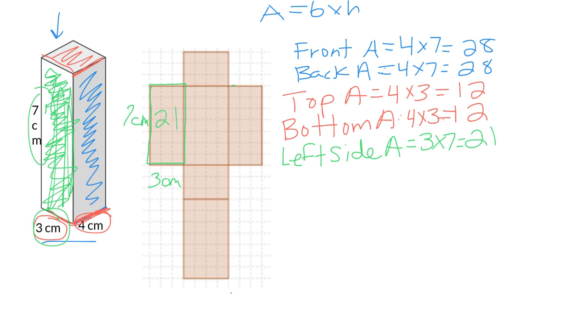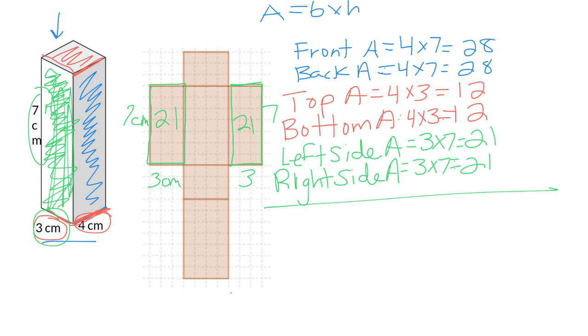Okay. And then I'm hoping you also see, hey, yeah, right here. This is our right side, and that is also equal to 7 times 3 is 21. Okay, now I'm going to erase the things that are on this, and I'm going to plug our values back in so you can see all of them at the same time on our net.